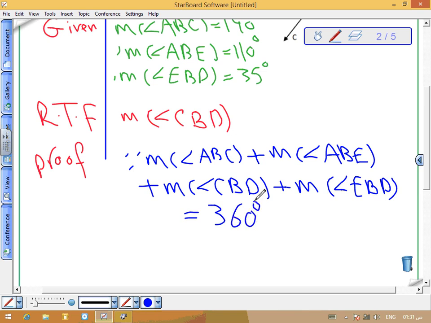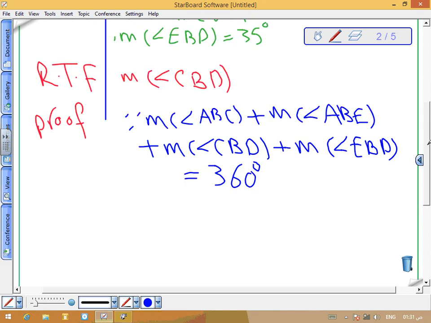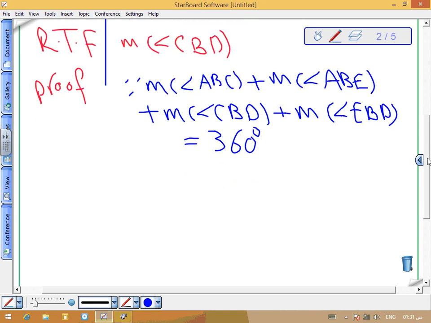Why? Because we have studied before the sum of accumulative angles at a point equals what? Equals 360 degrees.